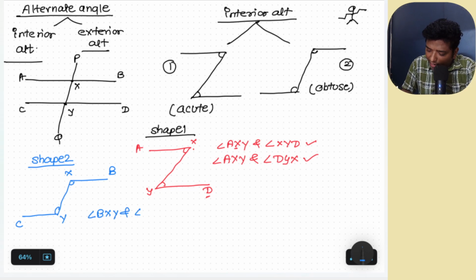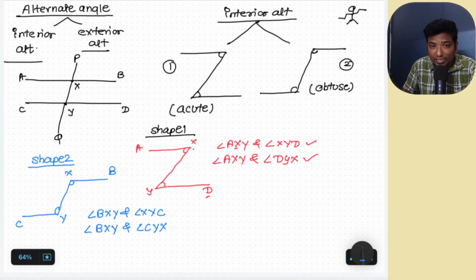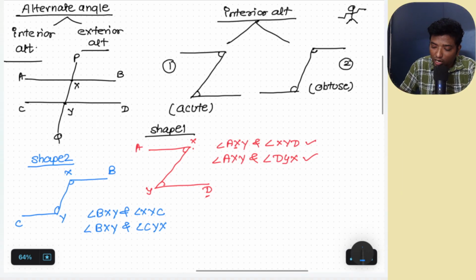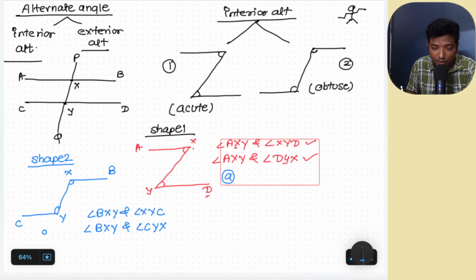This is one way. And what is the other way I told you? You can take it from the other Y. In both ways, you can name the interior alternate. One is for the acute one, and this one is the obtuse. Okay, the interior alternate. Let's go for finding the exterior alternate.